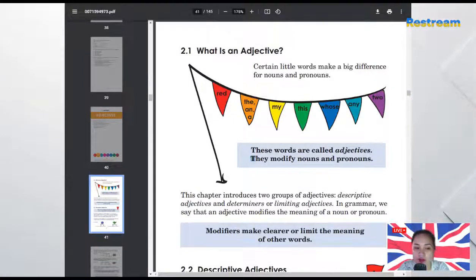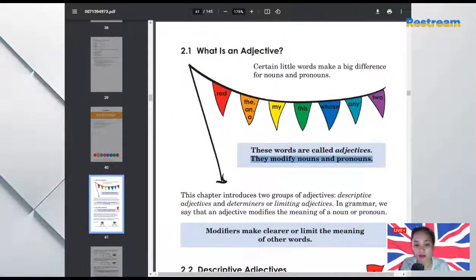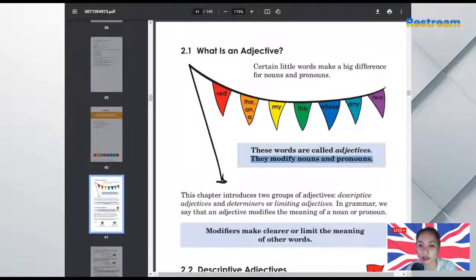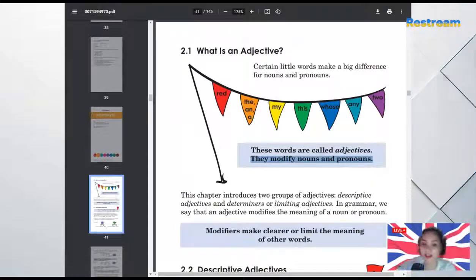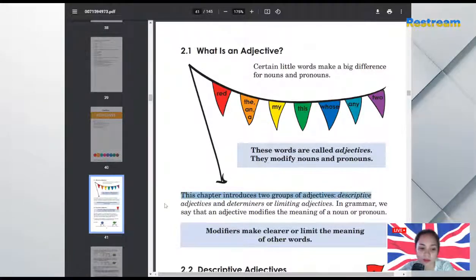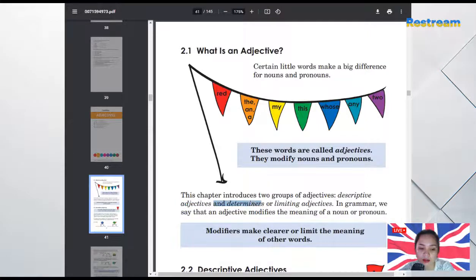Another thing about adjectives: they modify nouns and pronouns. When we say modify, these are the describing words. So an adjective describes a noun and a pronoun. This chapter introduces two groups of adjectives: descriptive adjectives and determiners or limiting adjectives.